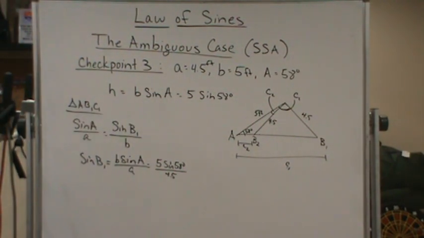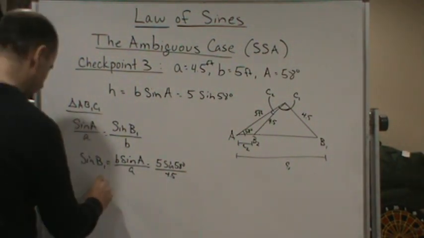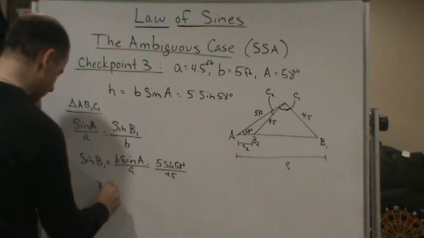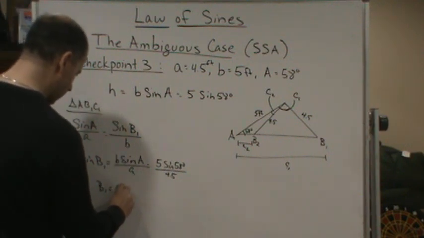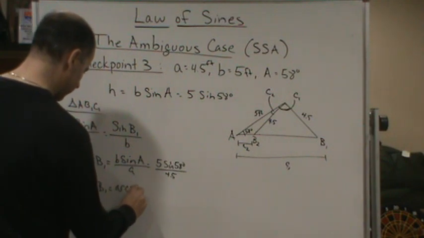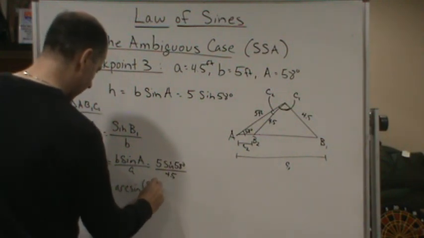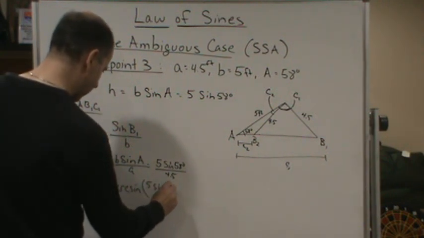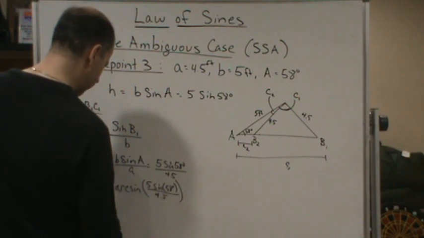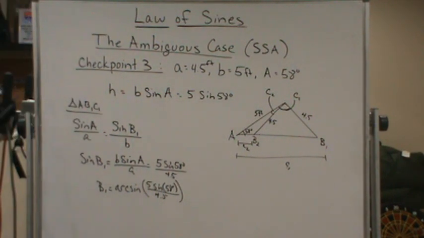Now we take B1 is then going to equal the arc sine of 5 times the sine of 58 degrees divided by 4.5. So now we stick that in our calculator.